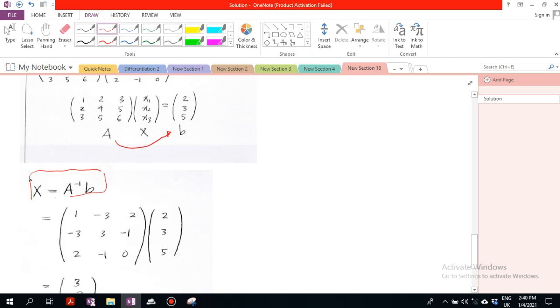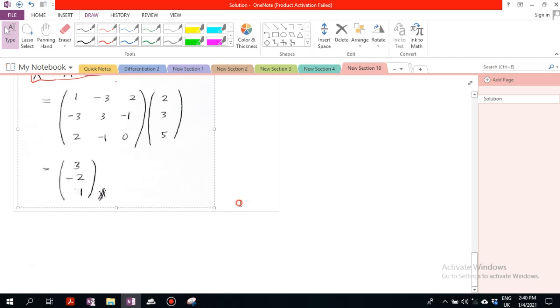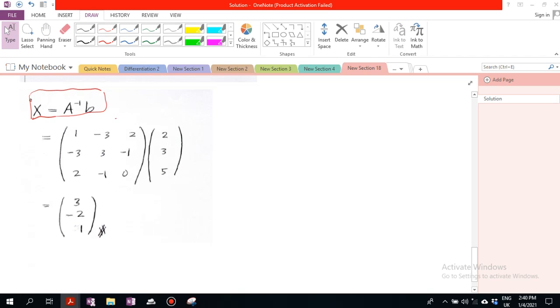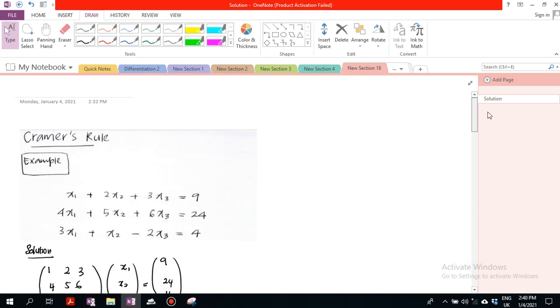So we know that A inverse is equal to this one. So we just put it in times the small b, so you will get your final answer. So that's the Cramer rule method.